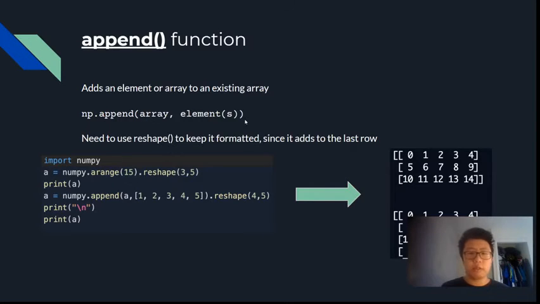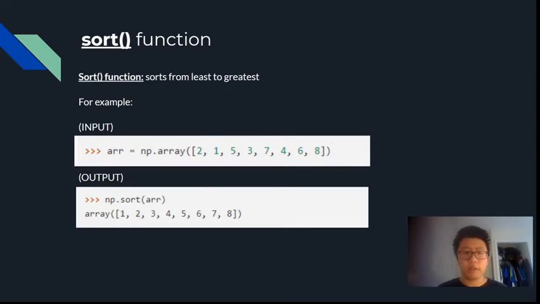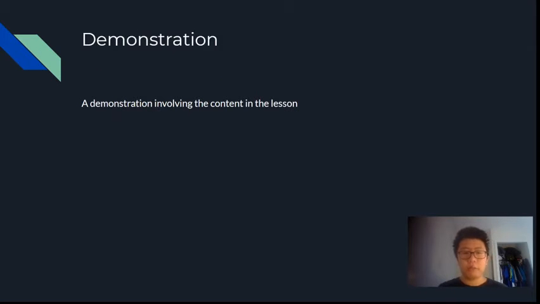Sometimes you need to reshape it to keep it formatted. The sort function sorts an unsorted array in an ascending order, and that's basically it. So now onto the demonstration, where I show you guys how these functions work in a clean Repl.it page.